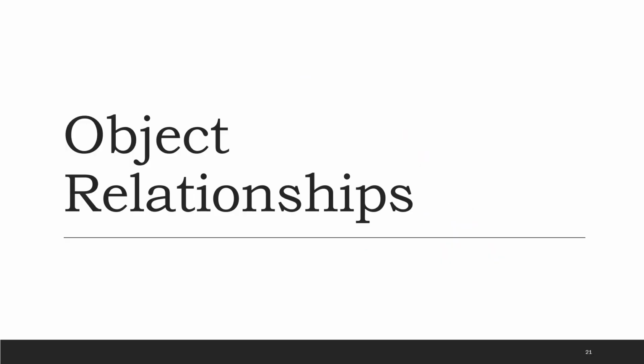Here we will talk about object relationships. How could we model relationships among different documents within the collection? Similar to the relational model, we can use cardinality to see different ways of modeling the relationship.